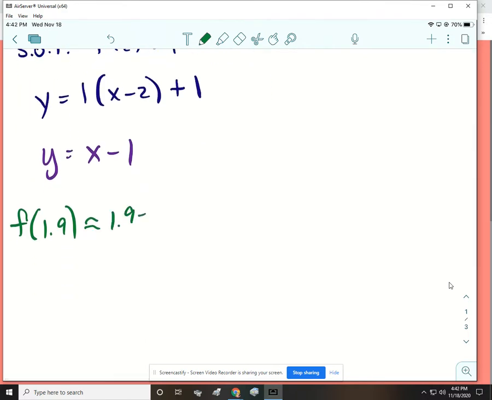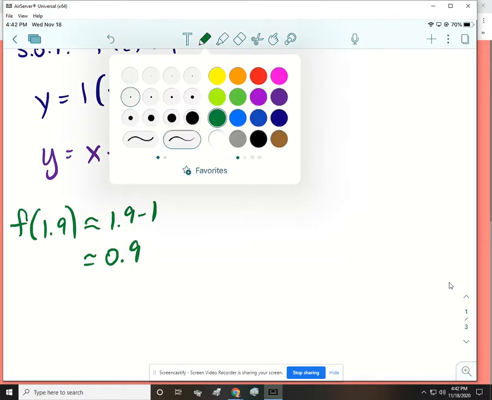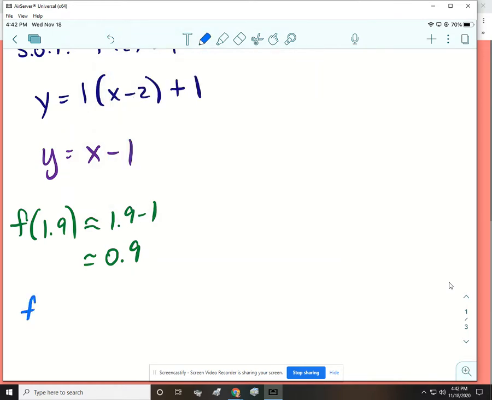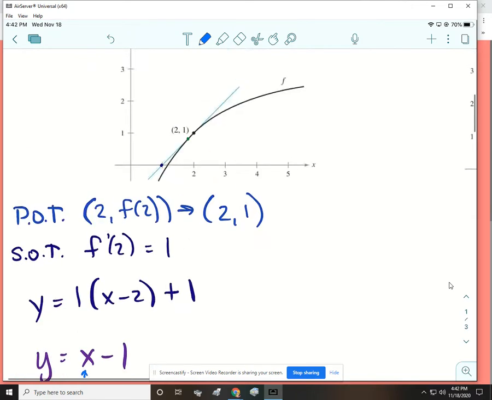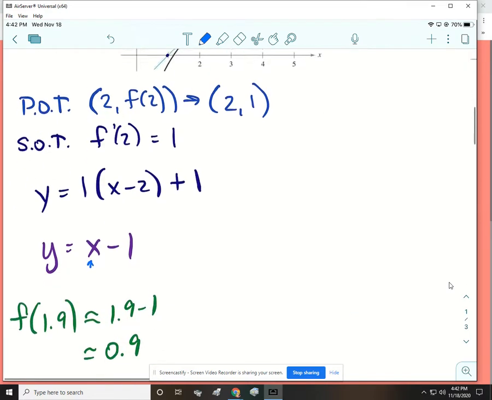So it's 1.9 minus 1, or approximately 0.9. All right, and we're going to do the same thing for 2.04. We'll put that in for x in our tangent line, and we're going to get approximately 1.04. So it's on the other side of 2. It's really close. So that would be a good approximation.